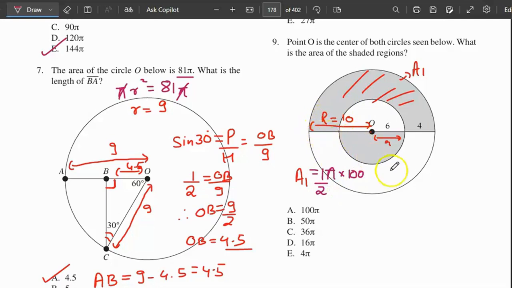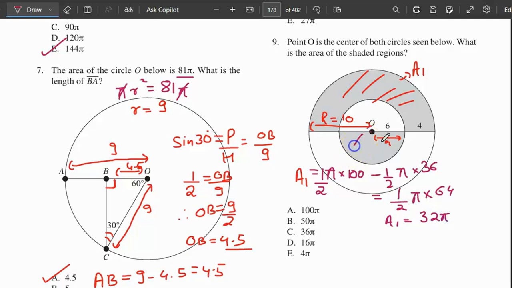So half pi R square minus area of this semicircle, that is half pi into 6 square. You can take half pi common. We are left with 100 minus 36, that is 64. So area of this above shaded portion is 32 pi.